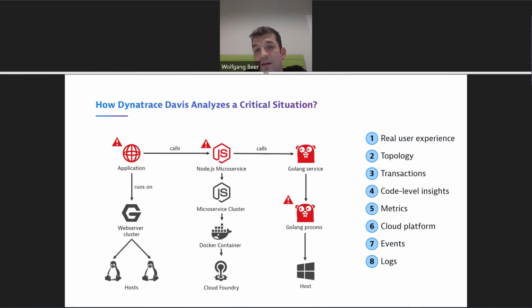And as you can see here, that process is completely technology agnostic. So meaning we are crossing host, cloud, and technology boundaries here in order to find the root cause. And that's fully automatic. You do not have to configure a single setting here.